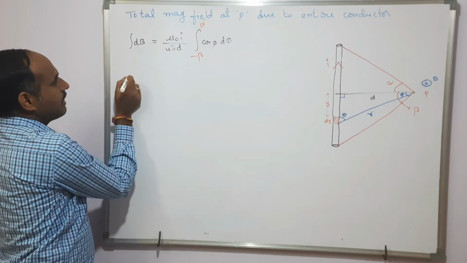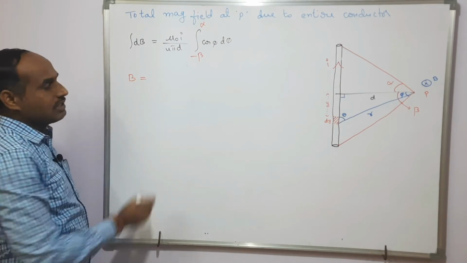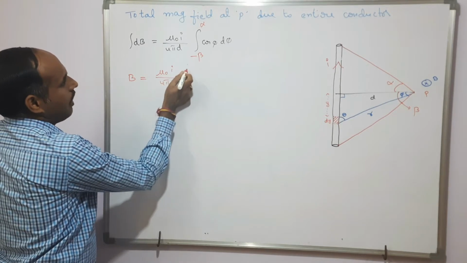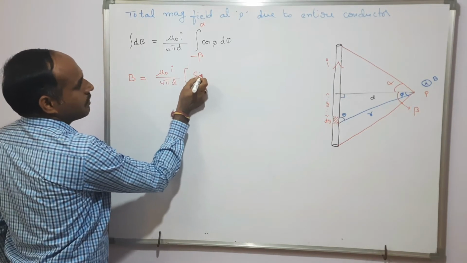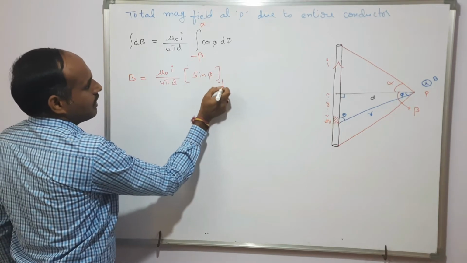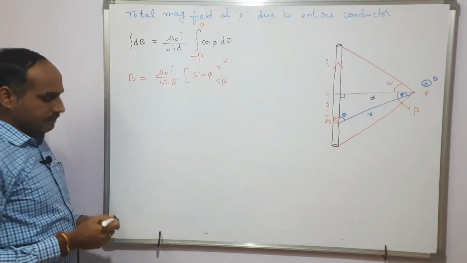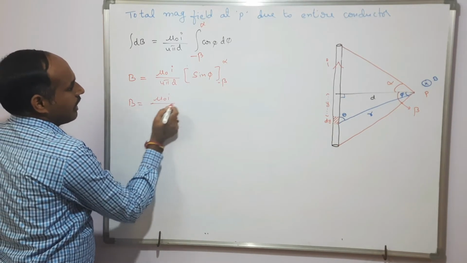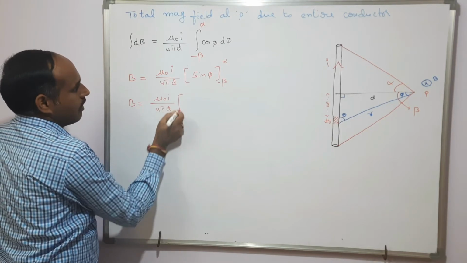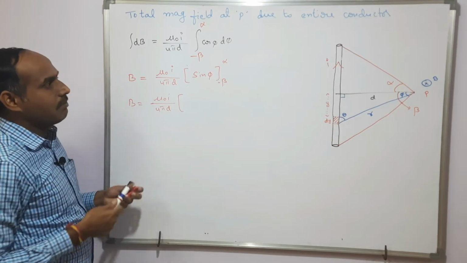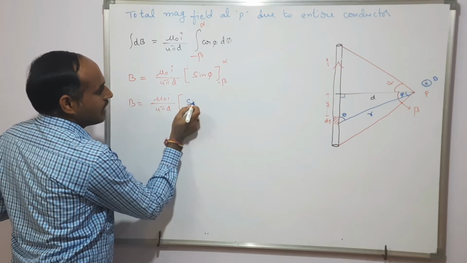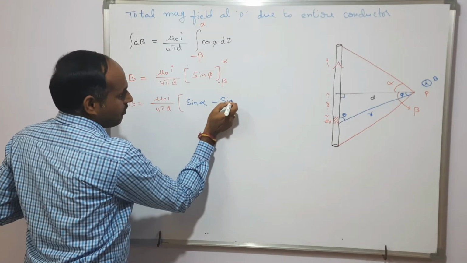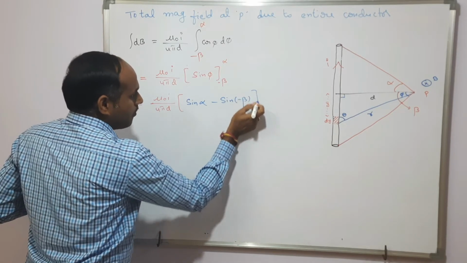So now integral dB is B, equal to mu naught I by 4 pi d of integral cos phi, which is sin phi, with limits minus beta to alpha. Therefore B is equal to mu naught I by 4 pi d of upper limit minus lower limit, meaning wherever phi is there you substitute the upper limit, minus, in place of phi you substitute minus beta.